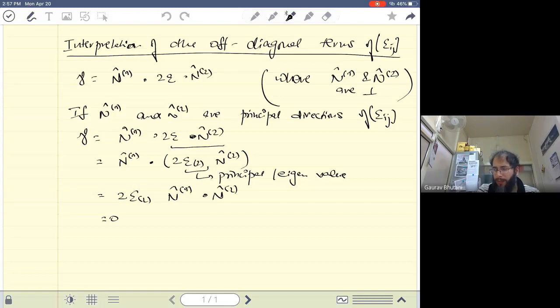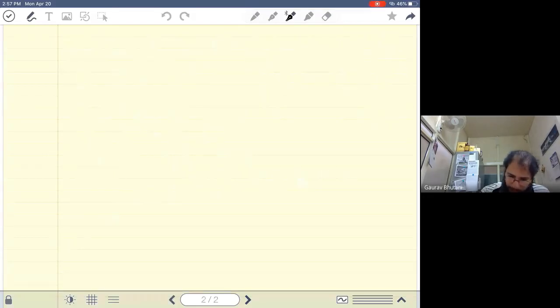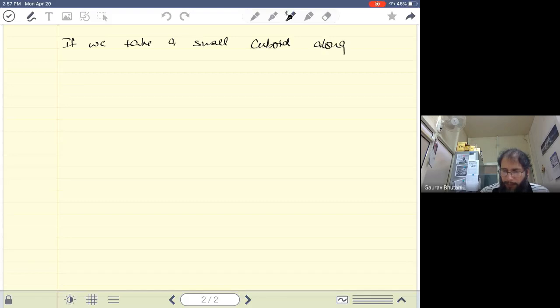Now, what's interesting here is that if we take a small cuboid along the principal directions, okay, it's a small cuboid.